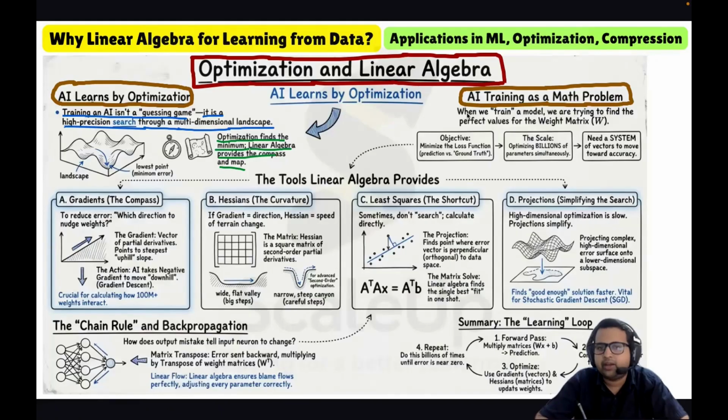When we train an AI model, we are trying to find the perfect values for the weight matrix. So training an AI model means finding the unknown weight matrix. The objective is to minimize the loss function. When we minimize the loss function, our prediction will be very close to the ground reality.